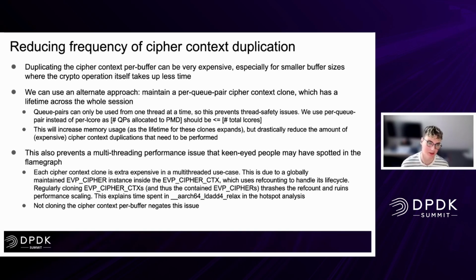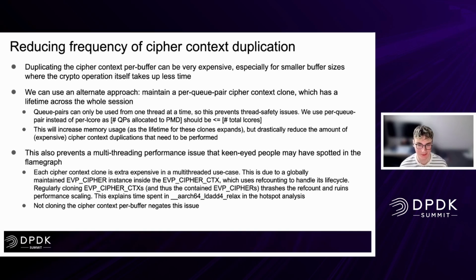We're using per queue pair instead of per L core because the number of queue pairs is generally going to be less than the number of L cores. So, for example, if you'd only allocated 2 of your 20 L cores to OpenSSL, then we're just allocating a smaller array there. This does increase memory usage because the lifetime of these contexts increases, but it does drastically reduce the amount of context duplications that have to be performed.